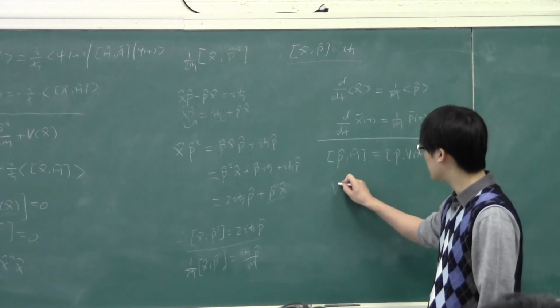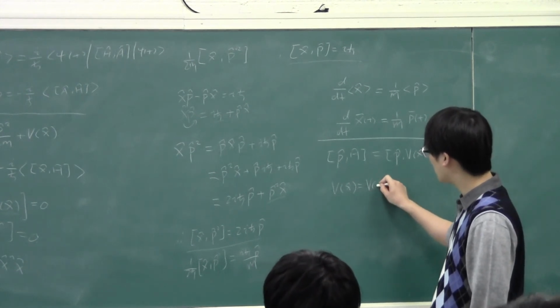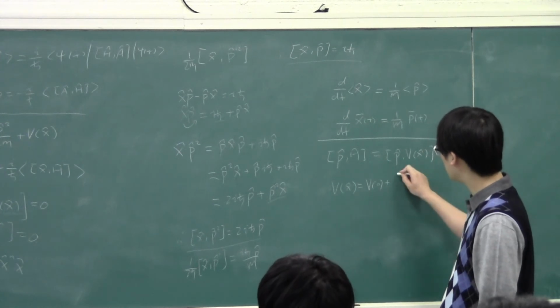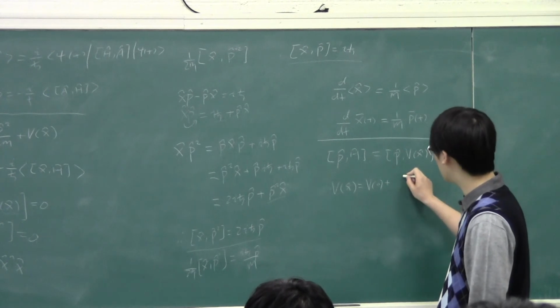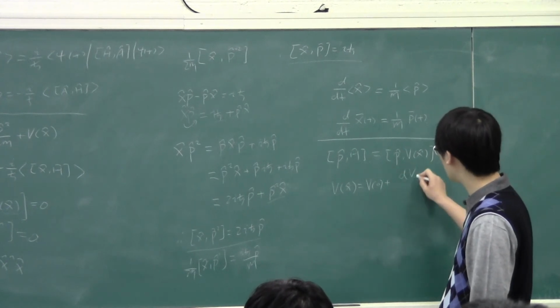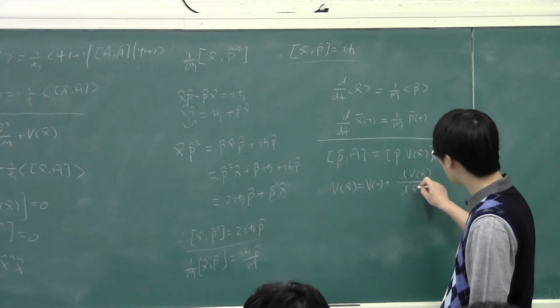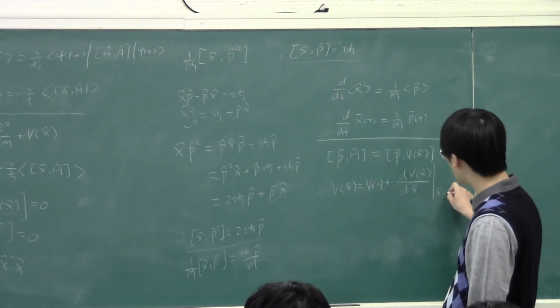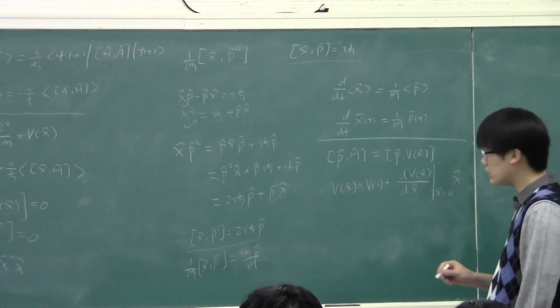And that would give you v of x is equal to v of 0 plus, because we're in 1D, it's perfectly fine to write this, the derivative evaluated at 0 times x, this is the linear term, right?